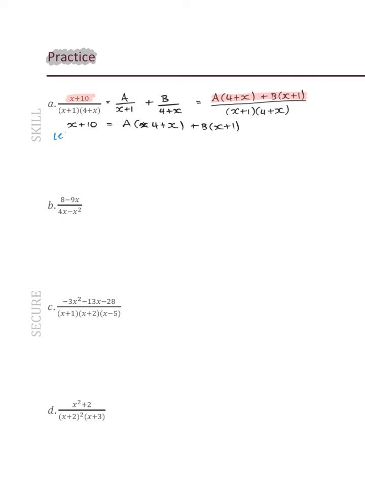Okay, so starting with let x equal minus 4. Store that in your calculator for x, and then we have x plus 10, 6 equals 0 plus, so x plus 1 minus 3b. Then minus 1, store for x, go back up, 9 equals 4 plus x.